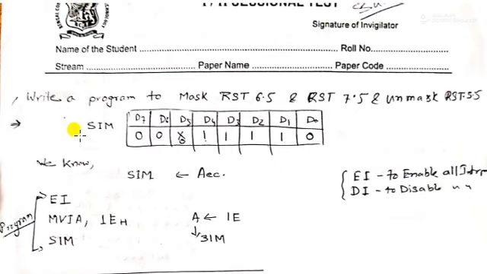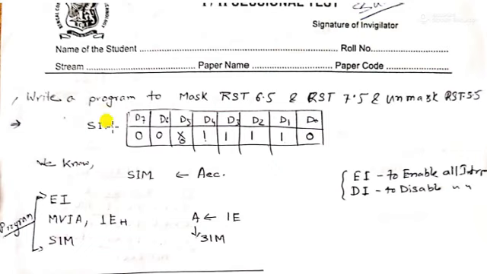To set an interrupt maskable or unmaskable, we use the SIM instruction, and to read the interrupt mask, that means the status of the current interrupt, you can use the RIM instruction. So I think it is clear.